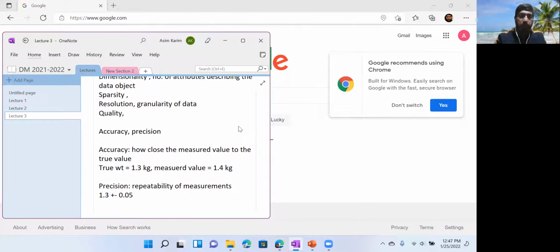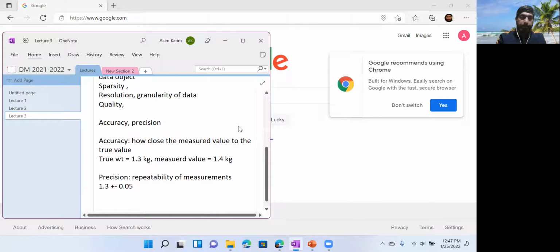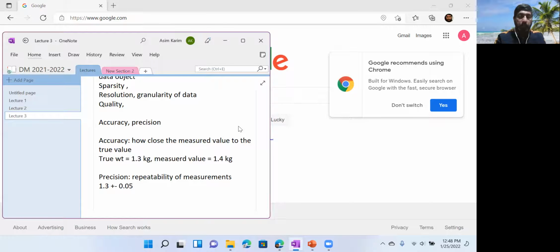The smaller this interval, the more precise your value is, or you are measuring processes of high precision. So precision typically refers to repeatability. If you have multiple values, how close are those multiple values to each other, not with respect to the true value.